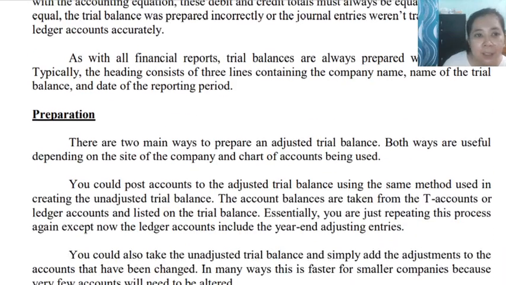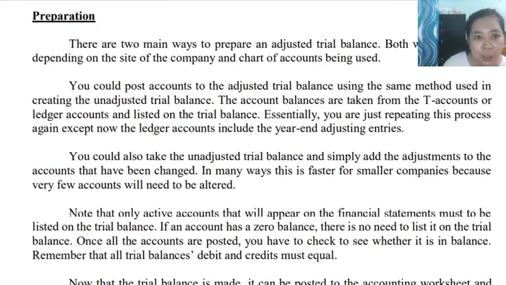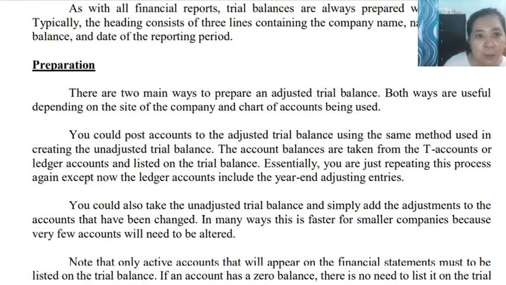There are two main ways to prepare the adjusted trial balance. You could post accounts to the adjusted trial balance using the same method mentioned earlier for our unadjusted trial balance, where the balances are taken from the T accounts.